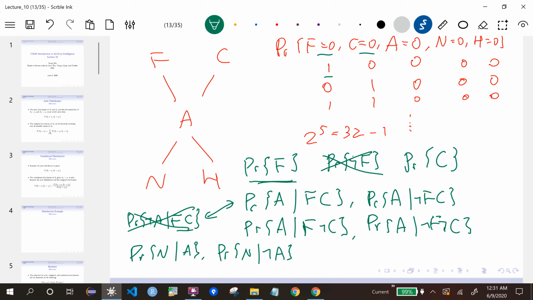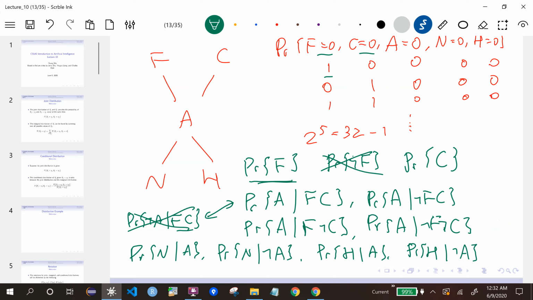Do these sum up to 1? I guess no. This is when the alarm sounds, what's the probability of Nick calling me? The opposite is the probability of not N given A. So these two do not sum up to 1, so we need both of them. And at the end, H given A and H given not A.